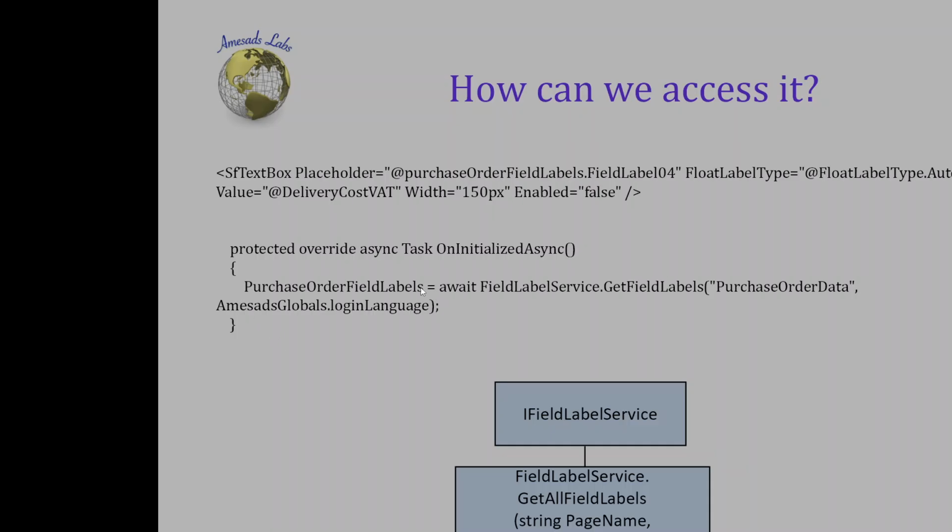We populate the list with an async service, and our key fields will be populated with the name of the page and the user's language. So that's basically everything.